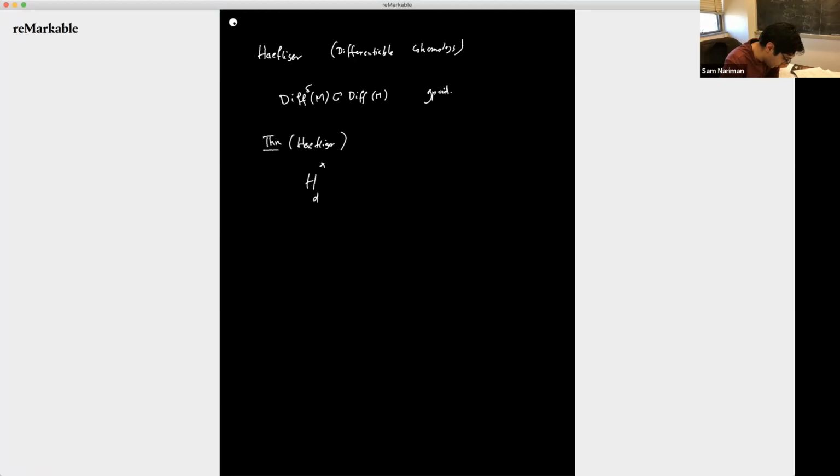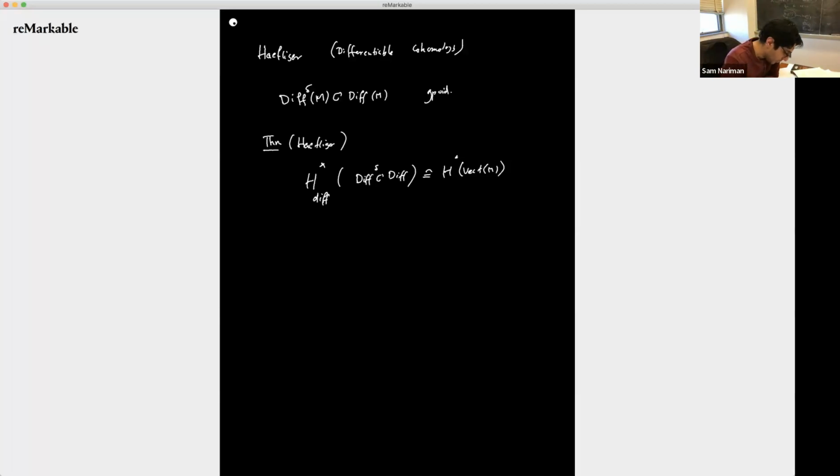So in his notation, H star diff of this groupoid is isomorphic to the Lie algebra cohomology of vector fields on M. But on the other hand, this groupoid realizes to be B-diff bar.